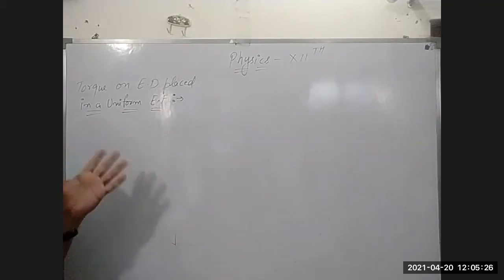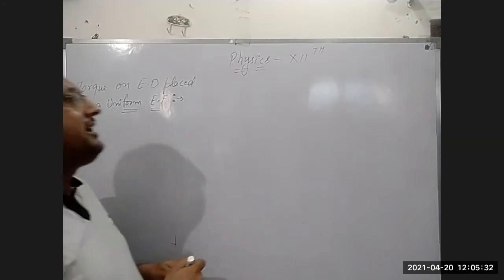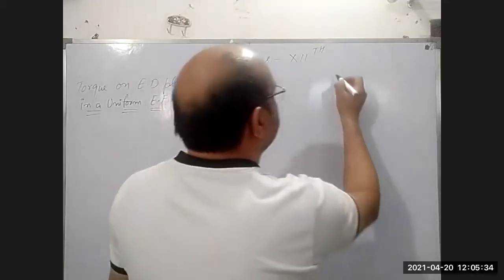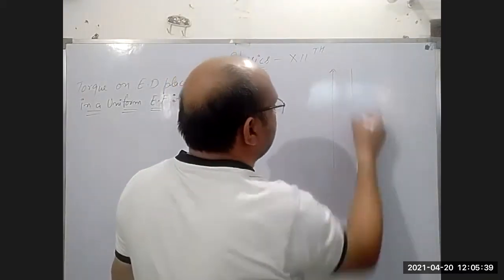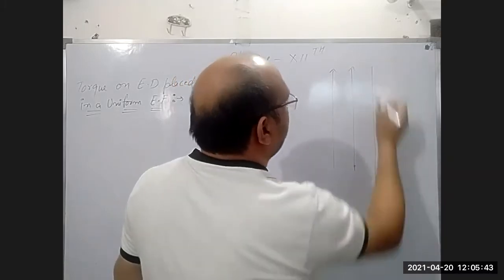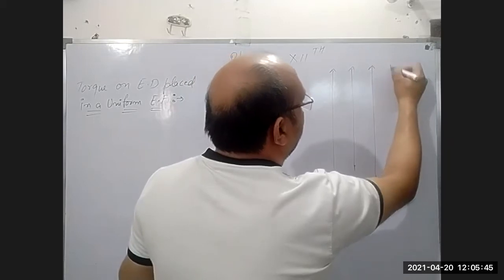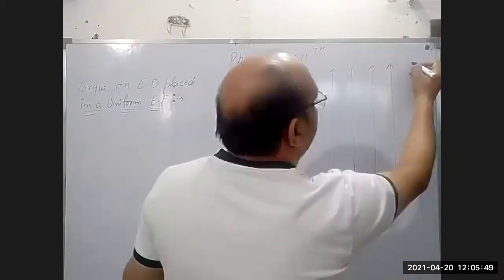Firstly, you have to make a diagram for uniform electric field. How can you draw this diagram? By taking some parallel lines like this, which are equidistant from each other.